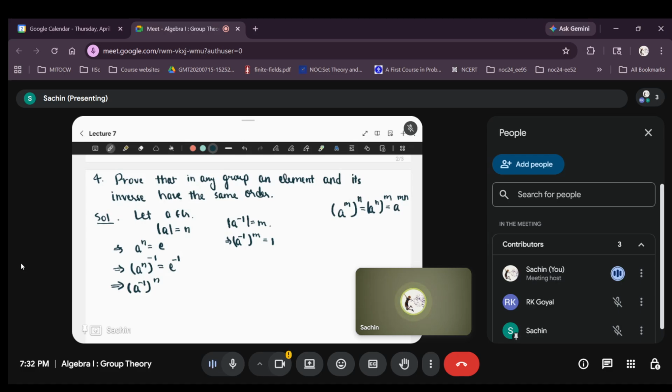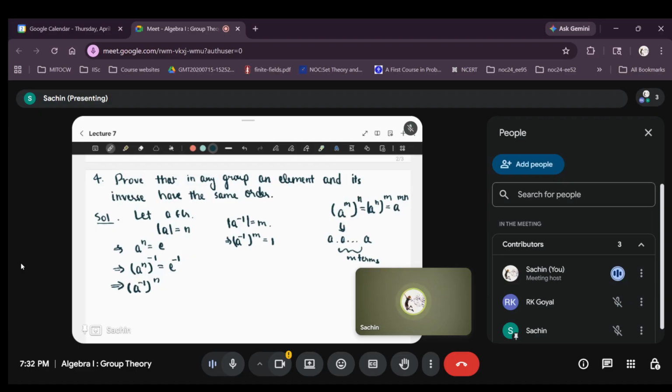Those are the laws of exponents with regular multiplication in real numbers, but the same laws will hold for groups as long as m and n are integers, and as long as you understand A power m to mean doing the group operation with m number of A's.